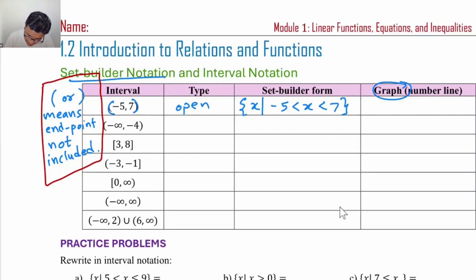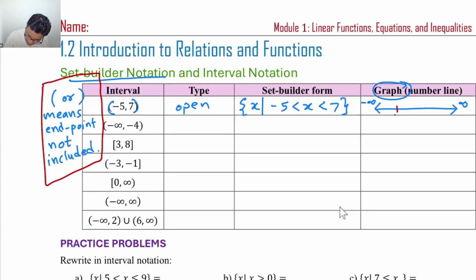Now the same interval, if you want to represent it on a number line. The real number line always starts at negative infinity and ends at infinity, with arrows on two sides. Now you have this interval from -5 to 7.